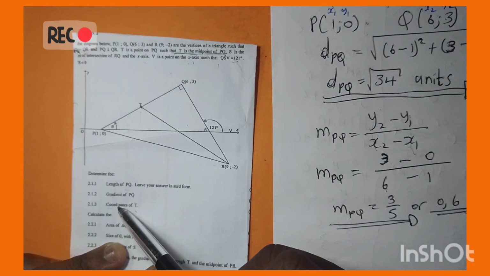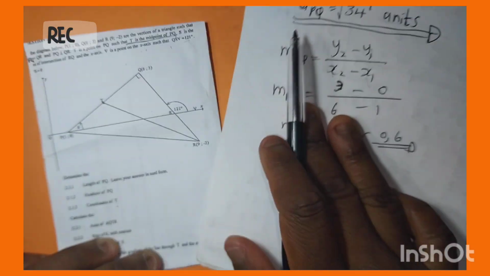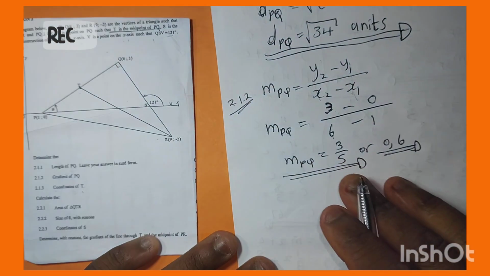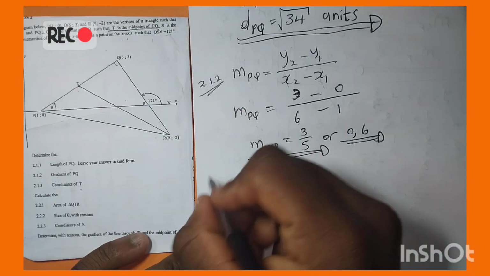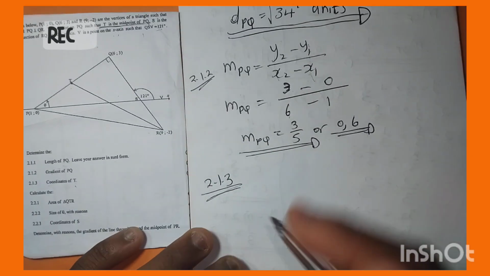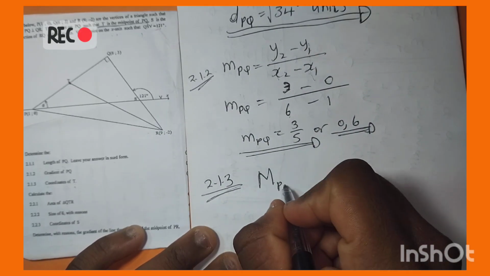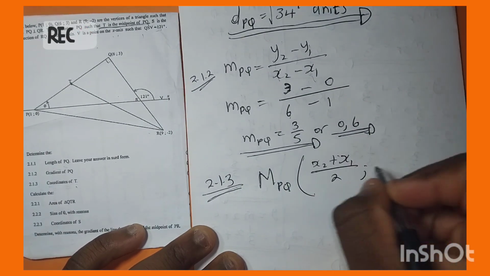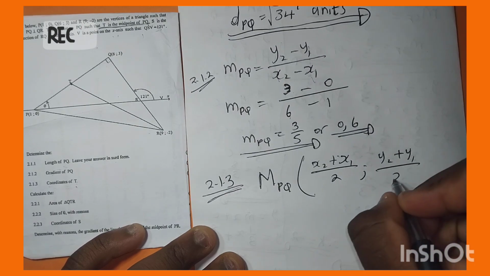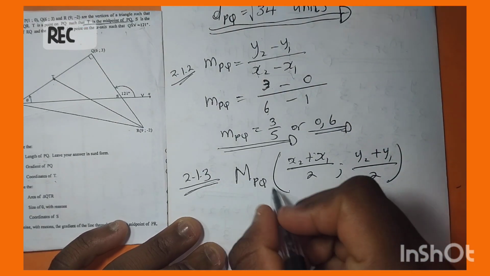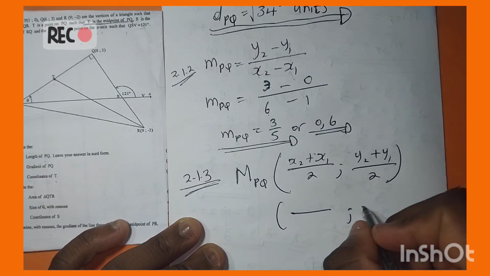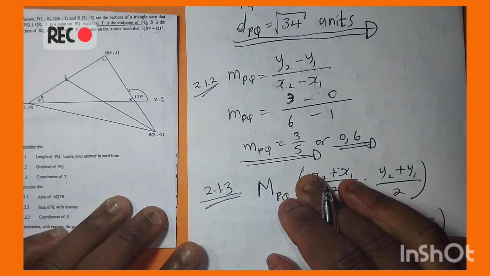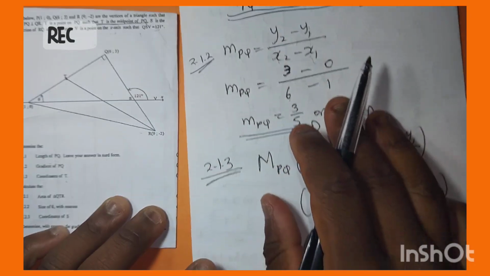Now, to get the coordinates of T, obviously what you will do is apply the midpoint equation, since they told you it's a midpoint. The midpoint of PQ is (x2 plus x1) divided by 2, and (y2 plus y1) divided by 2. So now you can substitute. Before you substitute, a key thing is to identify which one is your point 1.